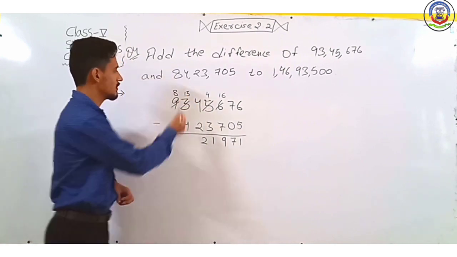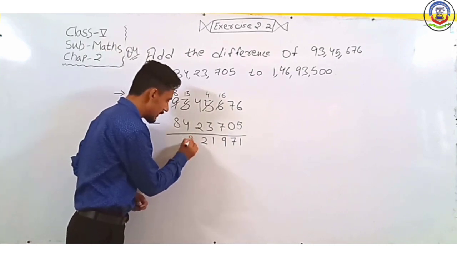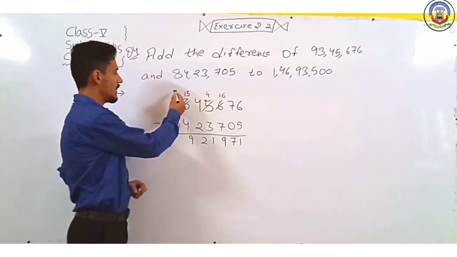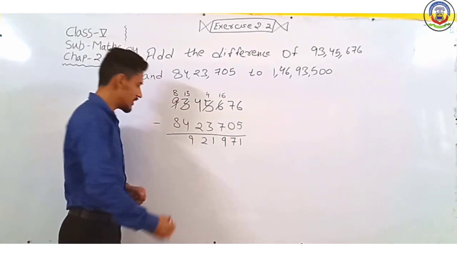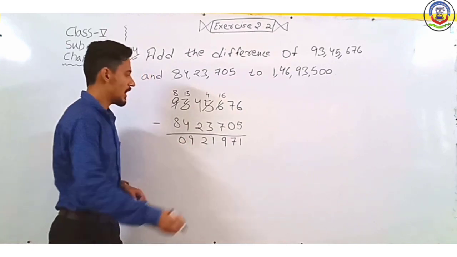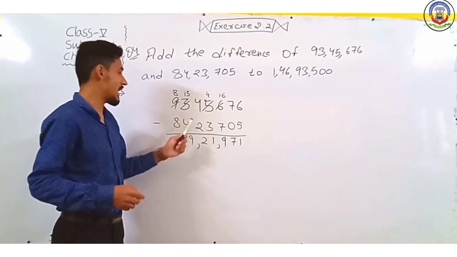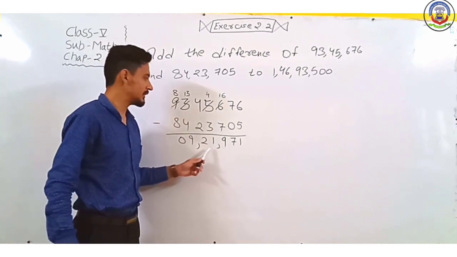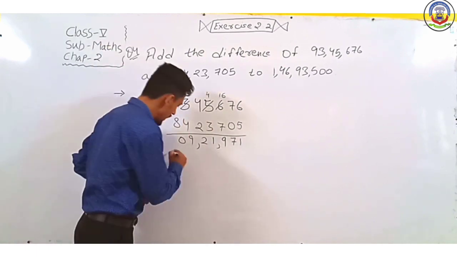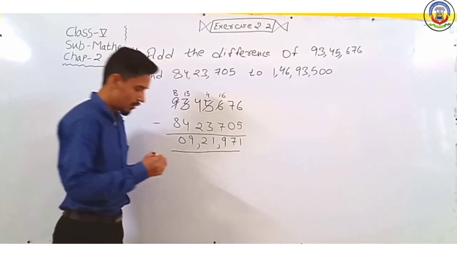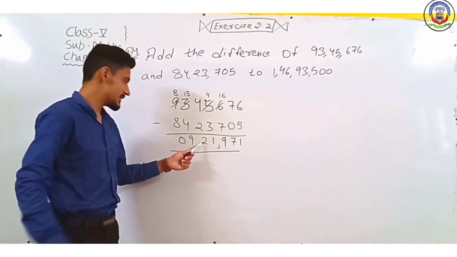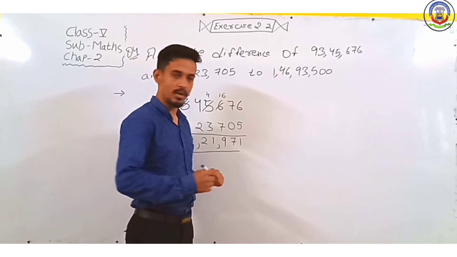So again 13 subtract 4 is 9 and 8 subtract 8 is 0. So our number, that is difference of these two numbers, are 9,21,971.